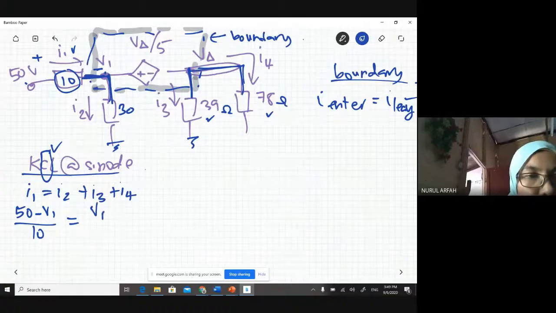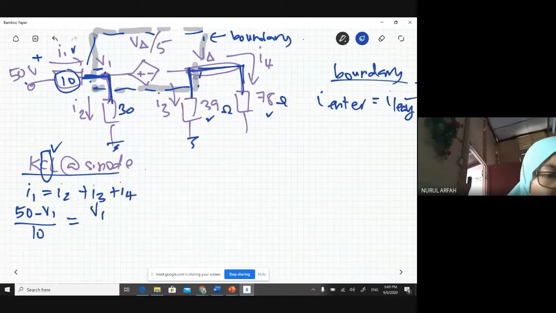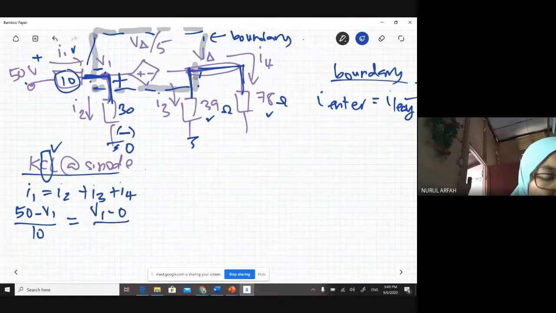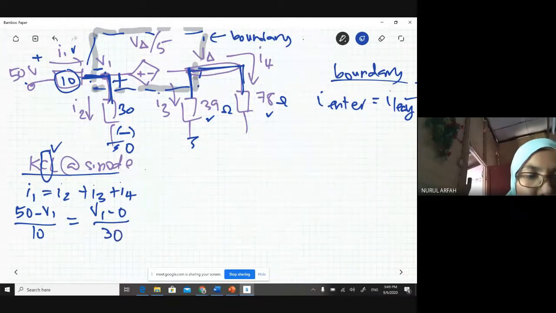V1 is the higher polarity, because ground is always zero, which is the minus here, the lower polarity. So V1 minus 0 divided by 30.